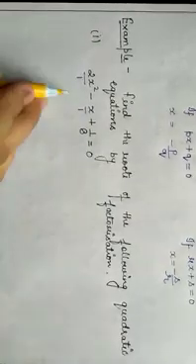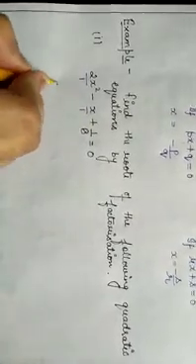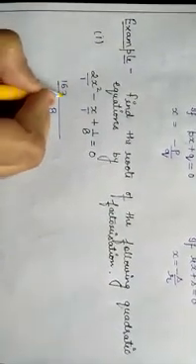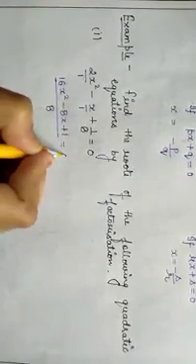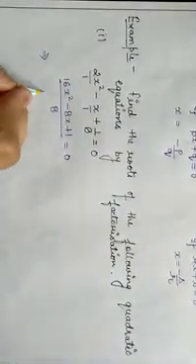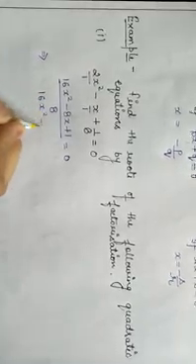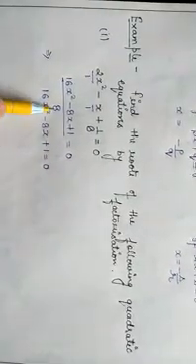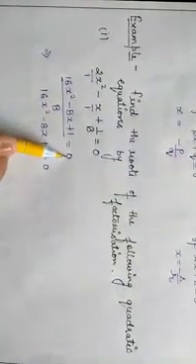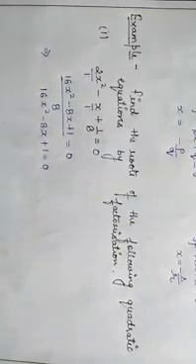So I'll take an LCM of 1 and 8, we get 8. Then it becomes 16x square minus 8x plus 1 is equal to 0. Here the 8 goes to the right side and becomes 0.